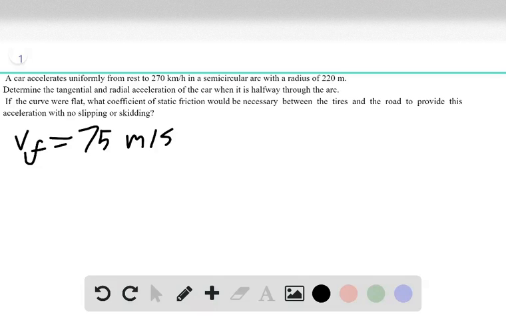So the tangential acceleration is what actually causes the speed to change. And we can solve that using an equation from the textbook.